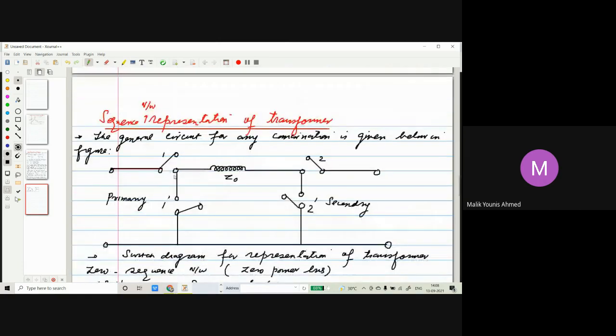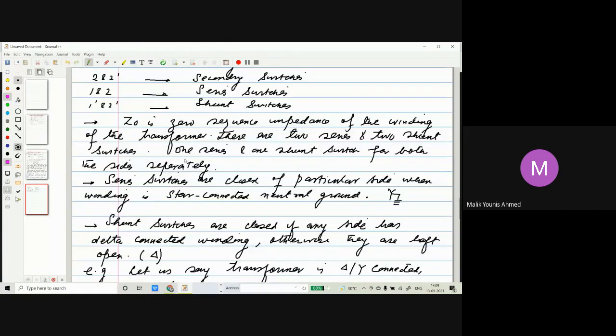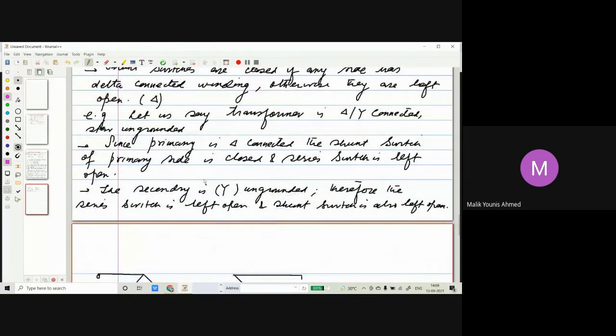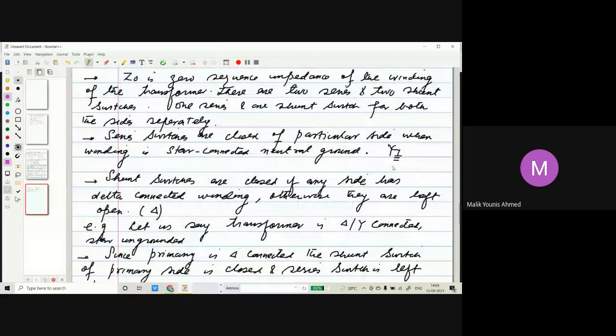See here, primary side is delta. So whenever the winding is delta, which switch is closed? Shunt switches are closed, whichever side it is.